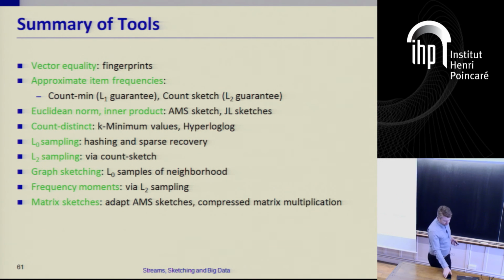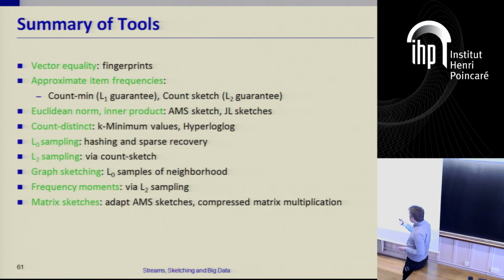So we looked at quite a lot of different techniques, maybe more than you'd think. We looked at how to test vector equality using fingerprints, how to estimate frequencies using count-min and count sketch. We looked at Euclidean norm and inner products using the AMS sketch. We looked at count distinct using k-minimum values and HyperLogLog. We looked at L0 sampling via hashing and sparse recovery, which gave us graph sketching.